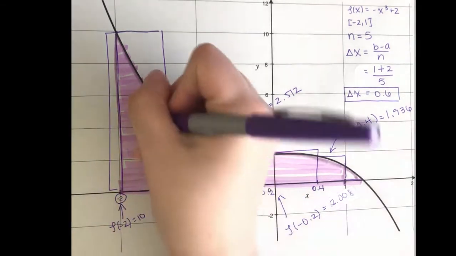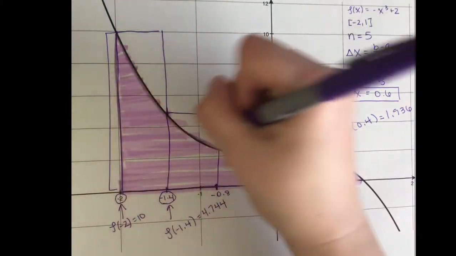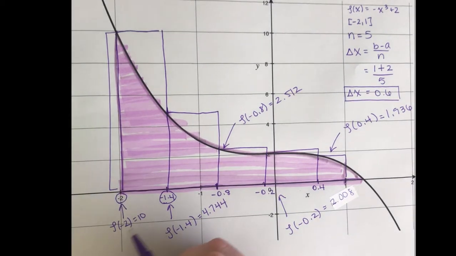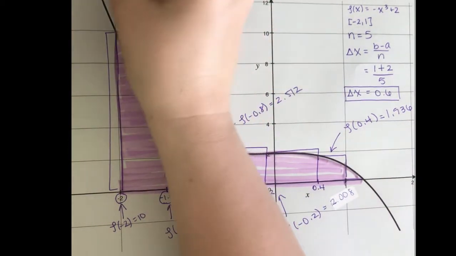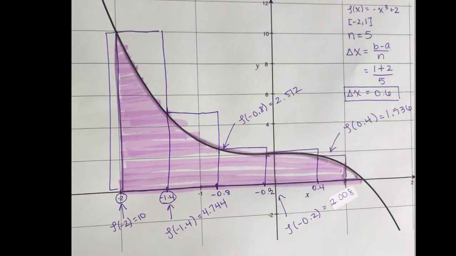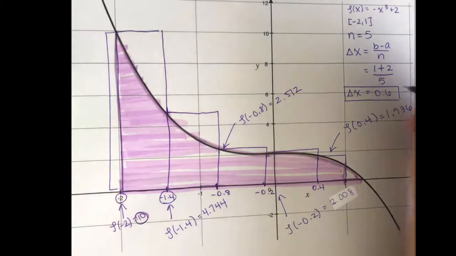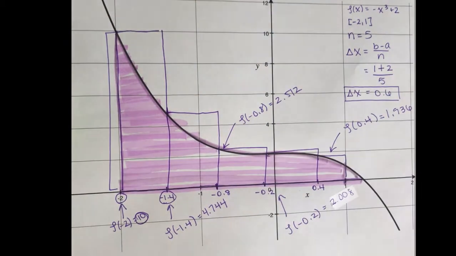So the area of this first rectangle, again, you could find within the picture. You don't even have to do it in the big formula if you don't want to. I need to find the area of this rectangle. Well, the area, remember, is the length times the width. My length, we know, is 10. My width, we know, is 0.6.